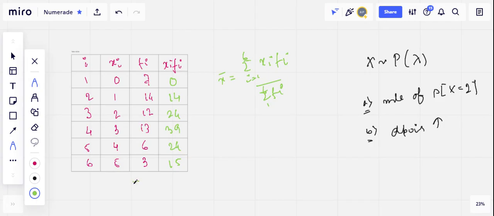So summation fi equals 55 and summation xi fi equals 116. So observed sample mean will be 116 whole divided by 55, which is 2.109.